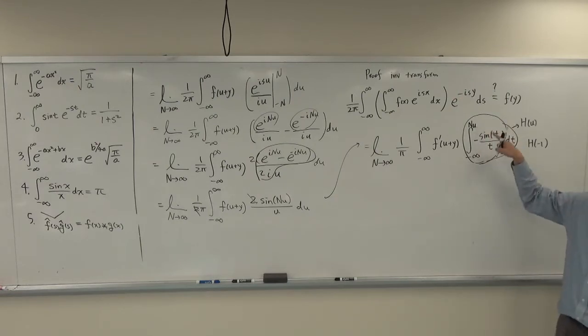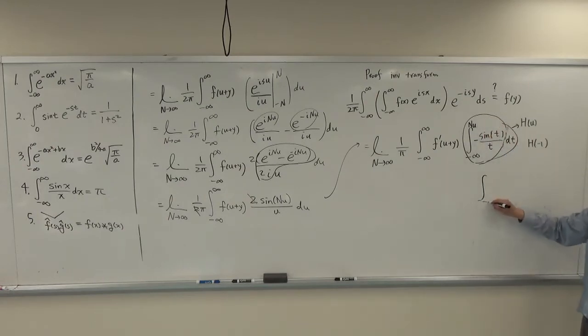What happens to this integral if they're both negative infinity? This will be 0, right? If you put anything negative, it's going to be 0 if u is negative.